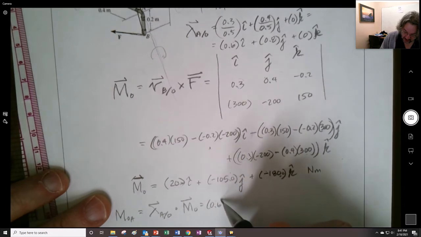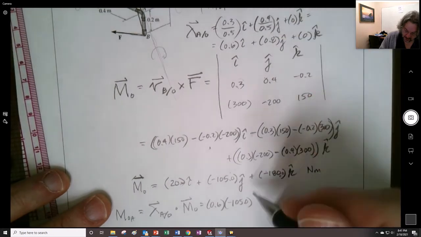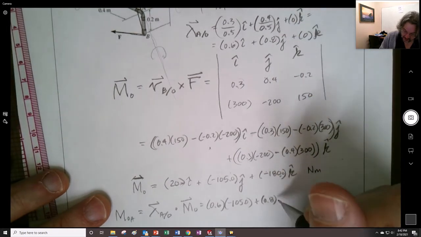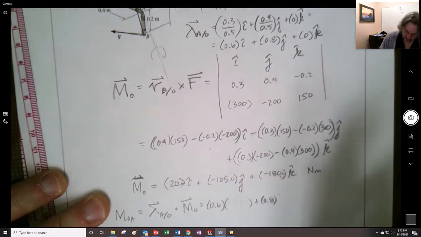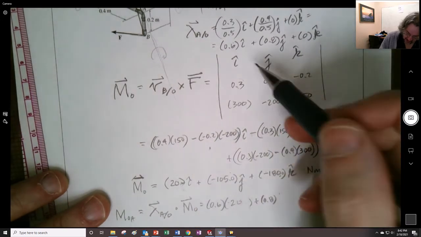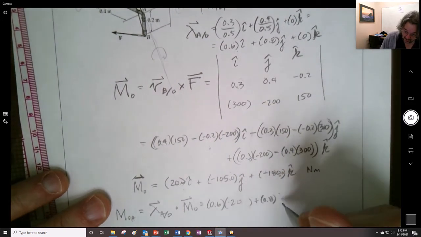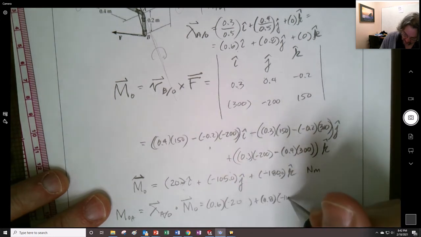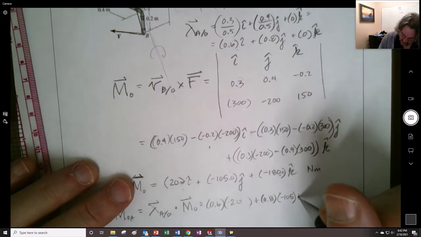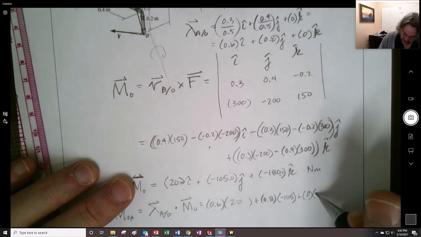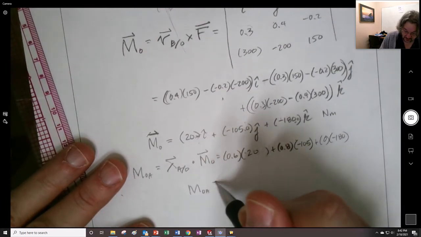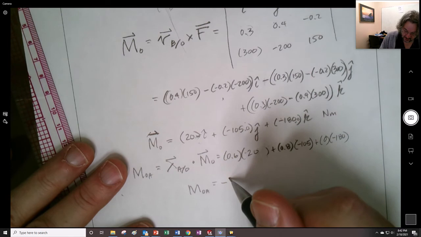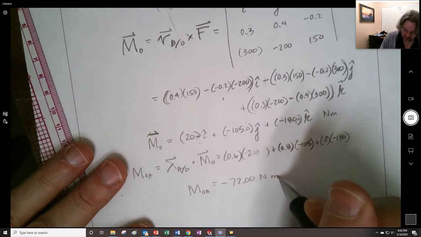So we go 0.6 times negative 105, then 0.8 times 20, and then this is going to be times the negative 105. And then 0 times our negative 180. So the answer to this is simply going to be a negative 72 Newton meters.